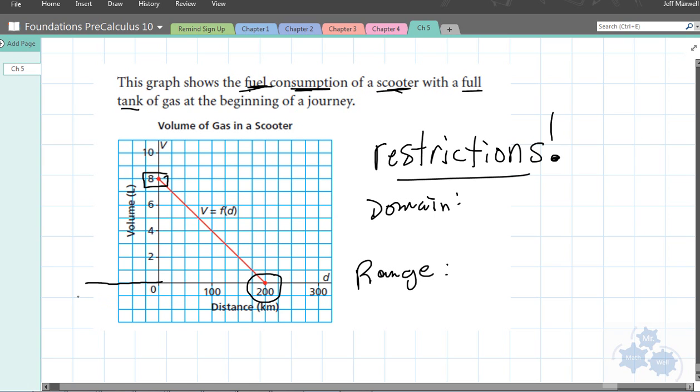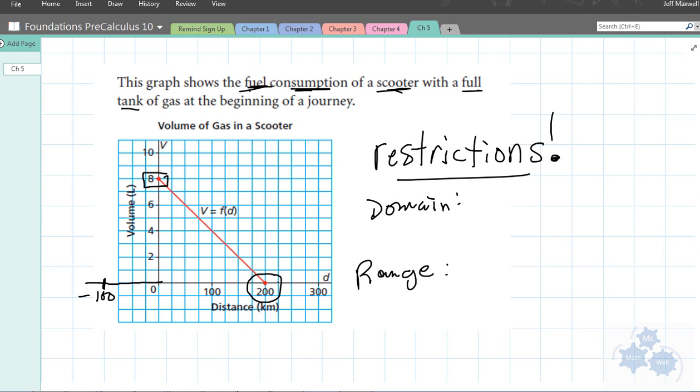Why? Because we would have negative values over here somewhere, and if we're starting at the 0 kilometer starting point, a negative distance, going back before we start the question, why would we? There's no data we can collect there, right?